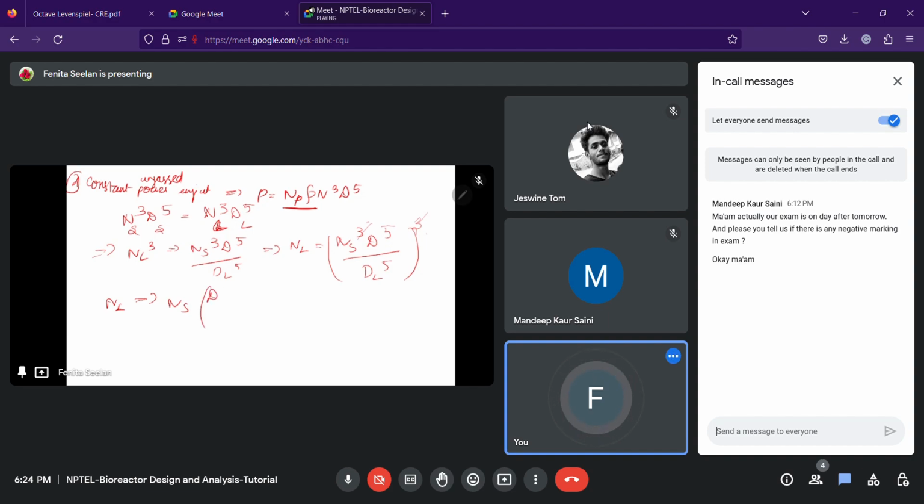So it will be DS by DL to the power of 5 by 3. If you substitute this, your RPM for your smaller bioreactor is 300. So your DS is 16.2 centimeter, and DL is 162 centimeter, right? So cancel this, 1 by 10, it will become 5 by 3. If you substitute it, if you solve this equation, what is the answer?